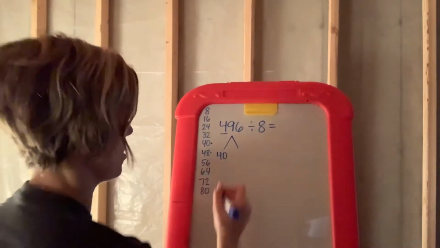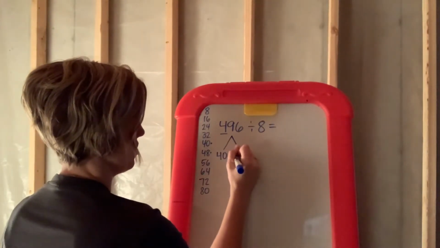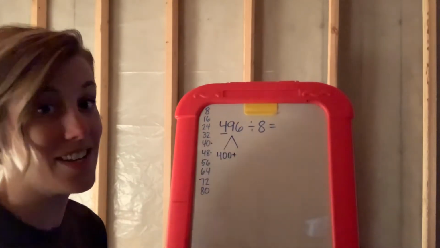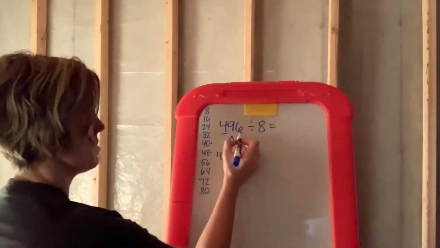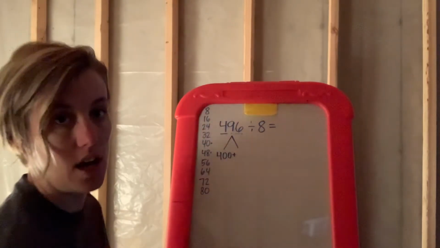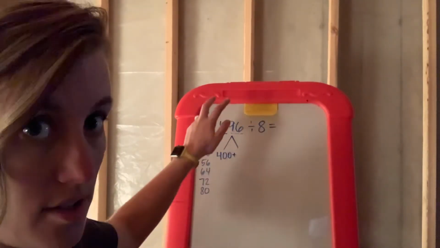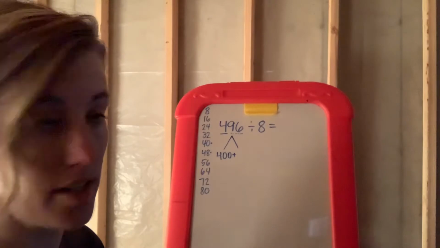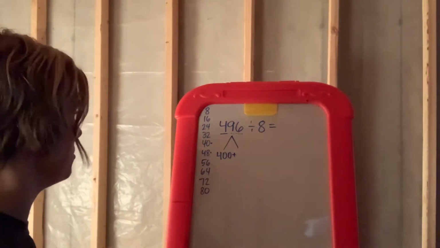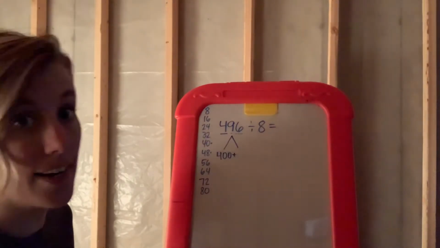It's going to be 400 because I'm just going to go ahead and pull out all of those hundreds. That leaves me with this 96 here. And so I need to find a way in my list to make 96 happen. It looks like there's a lot of different ways that we could do that. I can see 3 right now.